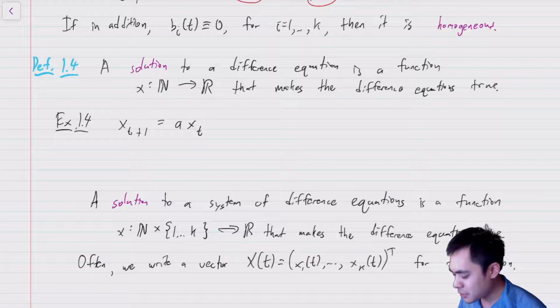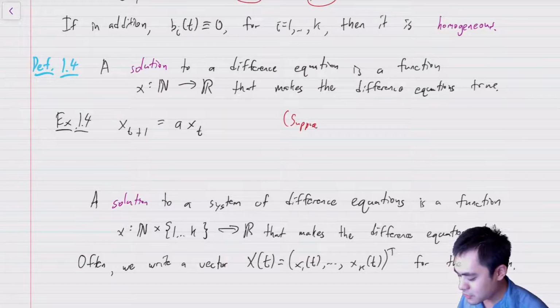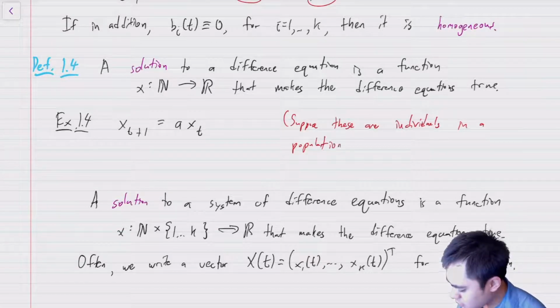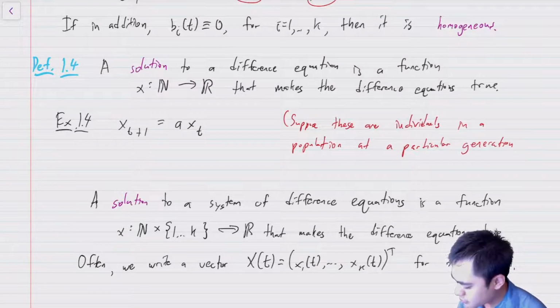So let's just give a complicated example. Suppose these are individuals in a population at a particular generation time, a generation number, let's say.